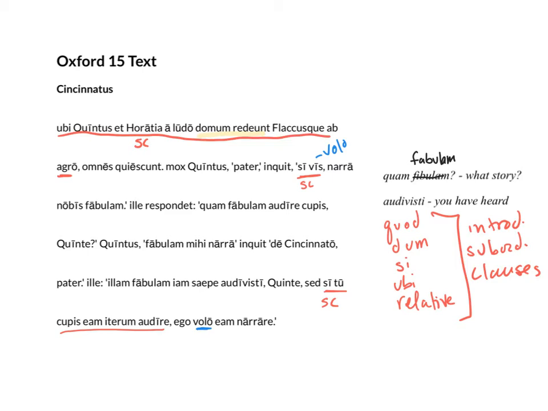All right. Let's go through. We'll highlight our personal pronouns in green. So the first one you should have come across is nobis, right? This is our first person, plural, and it's dative because it's your indirect object. Tell a story to us.